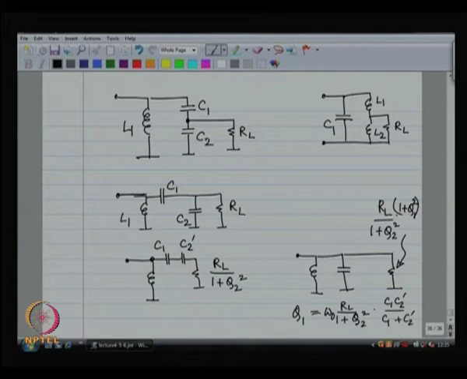So, the series combination of the two capacitors and the resistor, that Q you have to worry about.